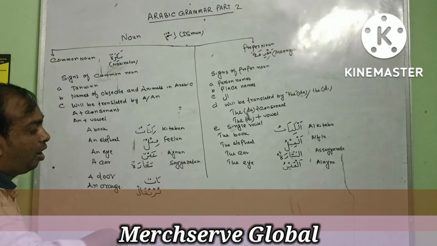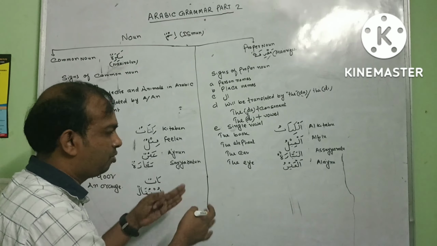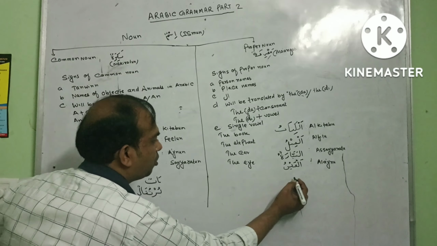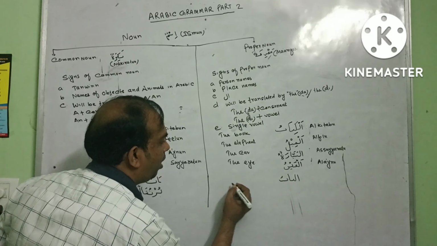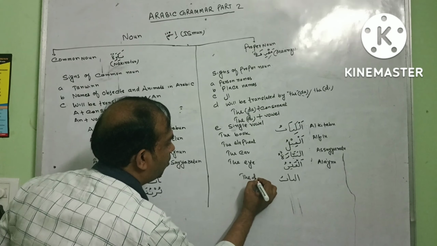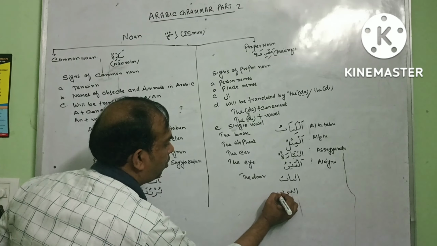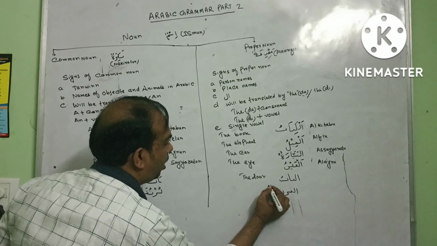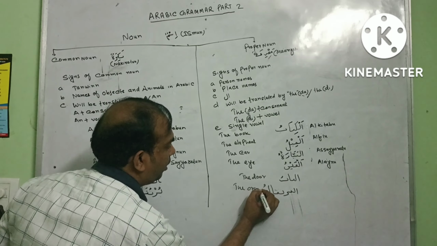Now tell me how to change them into proper nouns. Obviously you can, because you have learned. So we'll put al: al-babu means the door. Now here, al-burtuqalu means the orange.